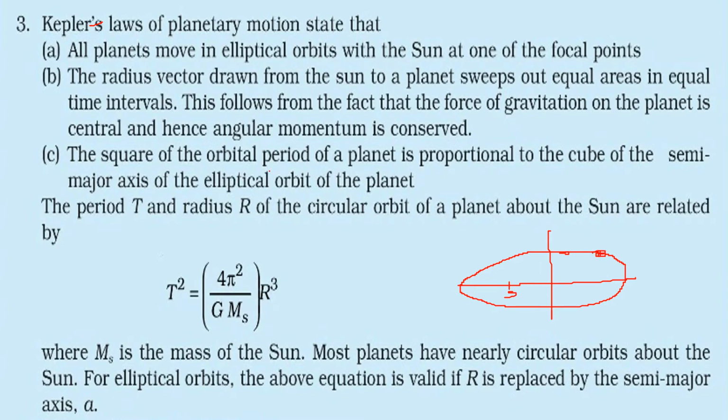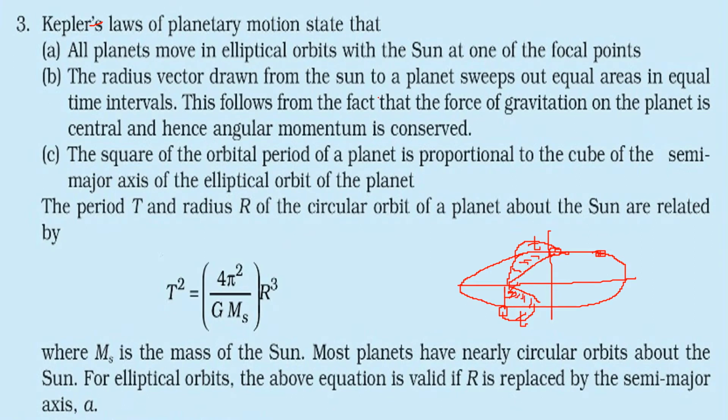The radius vector from the sun to the planet sweeps equal areas in equal time intervals. That means if the planet moves from this point to this point in time t, and from this point to this point in time t, this area will be equal to this area.